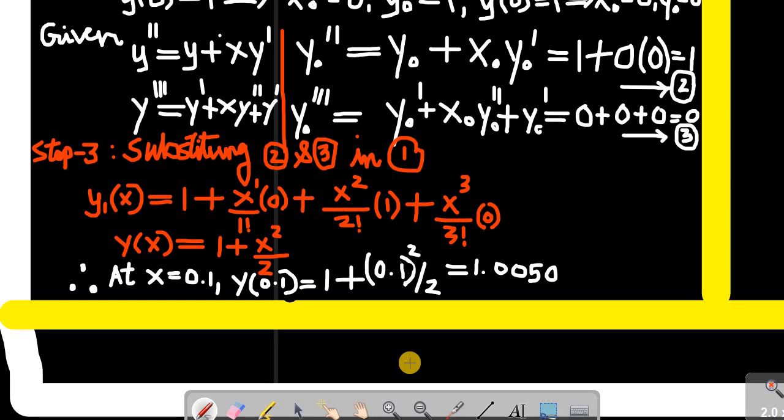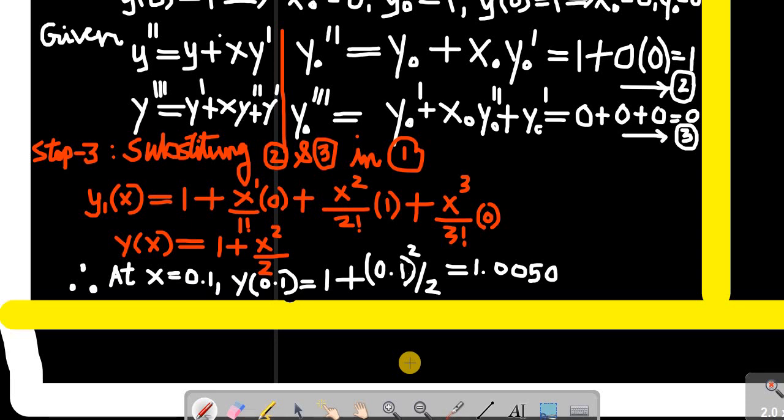Yes, 0.1 into 0.1 equals 0.01, divided by 2, I am getting 0.005.